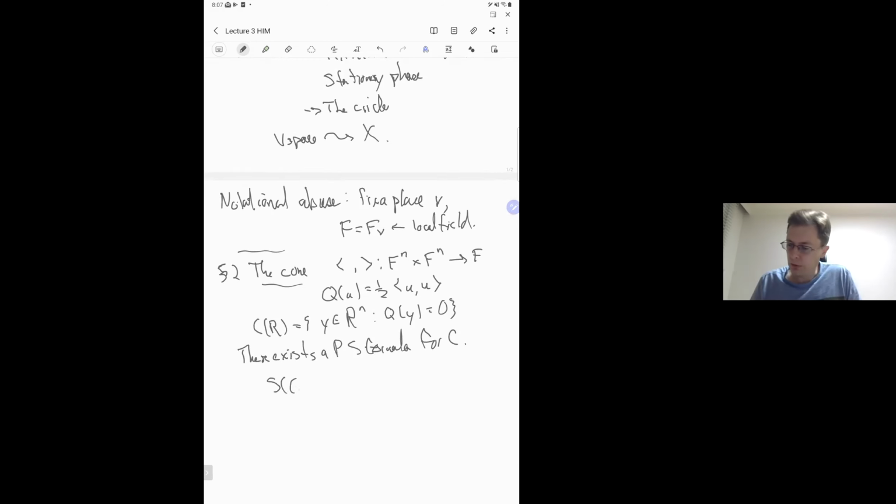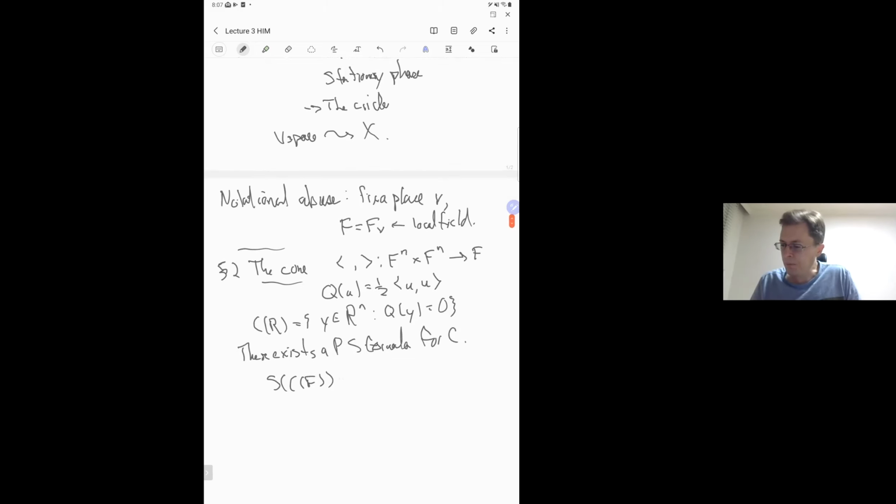There's a notion of Schwartz space, which I'm going to defer for now. It sits inside L2 of C(F), and there's some Fourier transform on C(F).